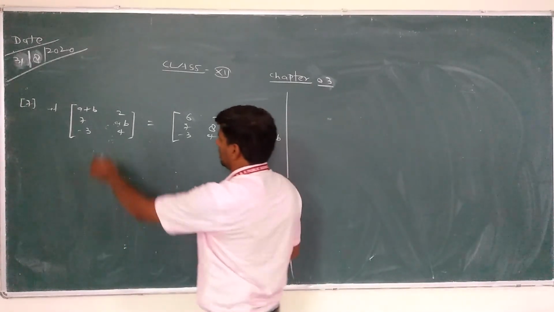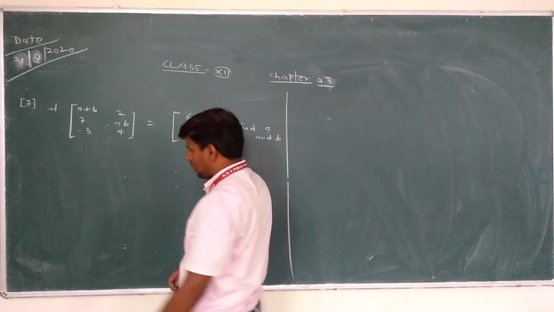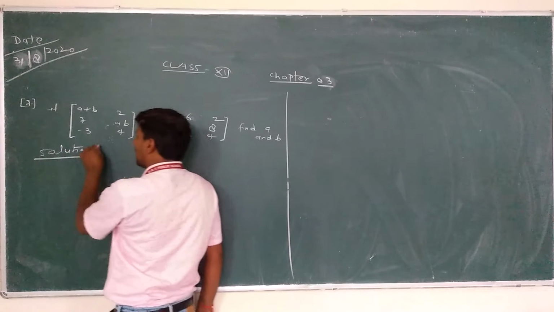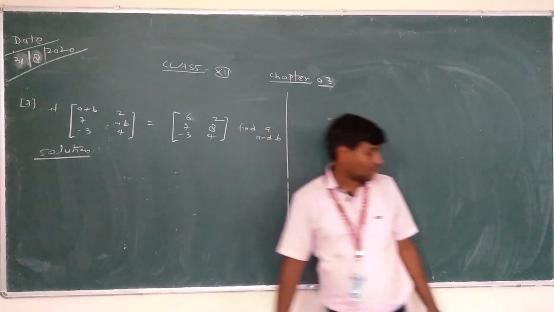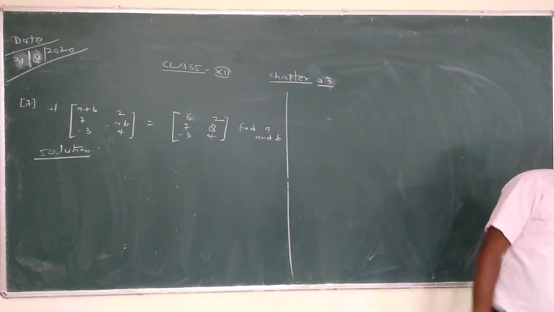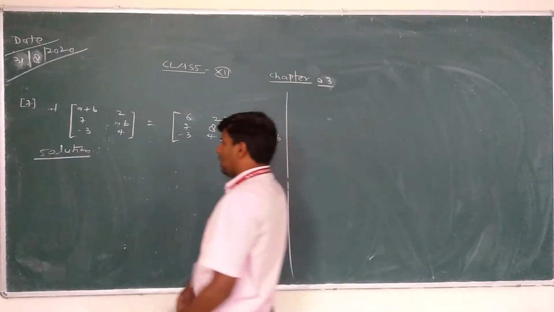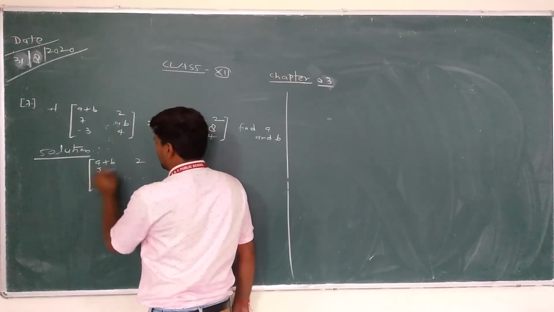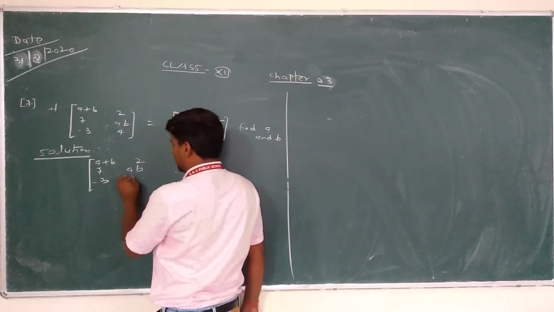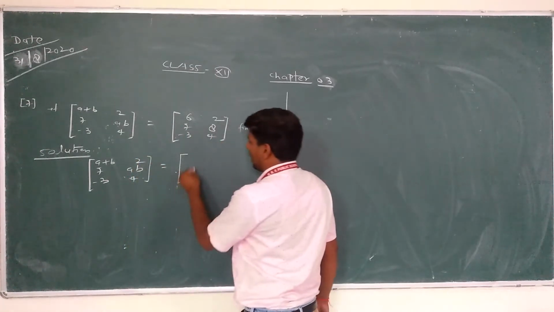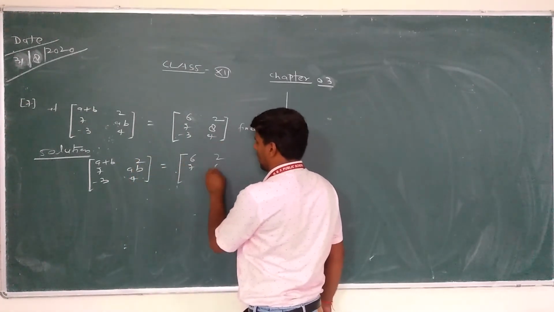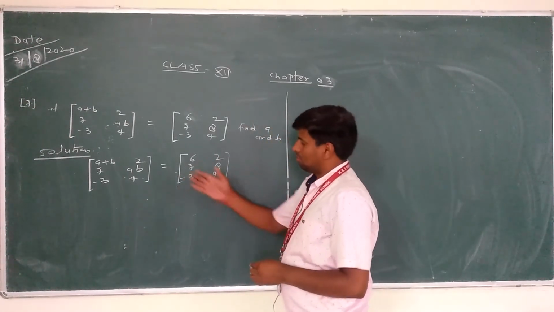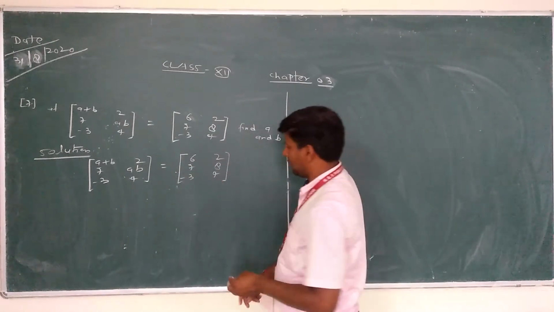It is 3 cross 2, it is also 3 cross 2. So, solution. Students, all of you know that if two matrices are equal, their corresponding elements are equal, right? These two matrices are equal, so their corresponding elements are also equal.